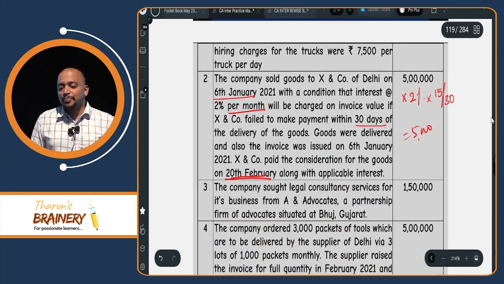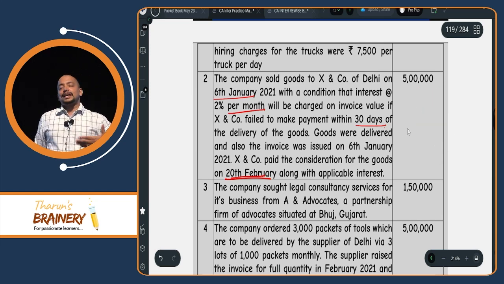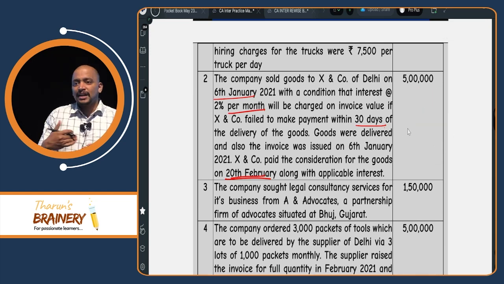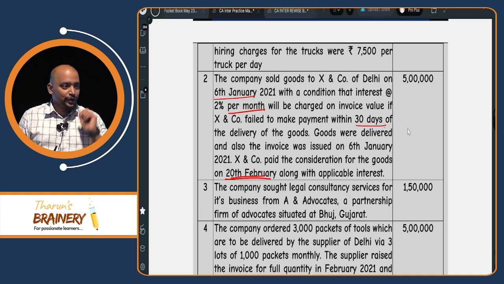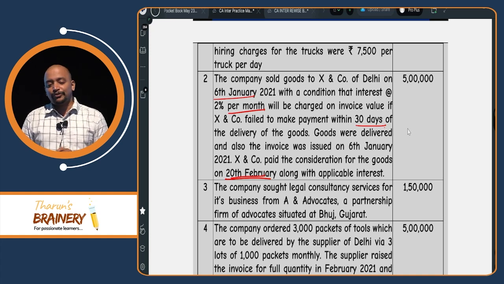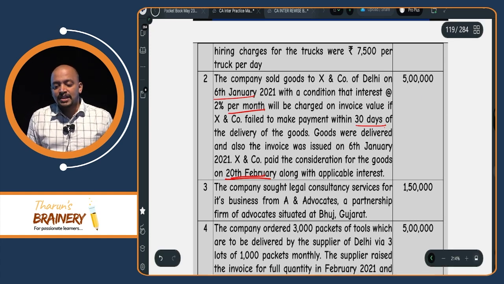Then interest will be payable on the entire amount due, because whenever the supplier is not collecting the money on time, they will be collecting interest on the total amount due from the customer. Already I told you. What is the total amount due from the customer? Not 5 lakhs, because 5 lakhs is excluding GST.